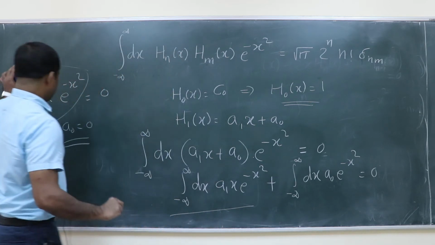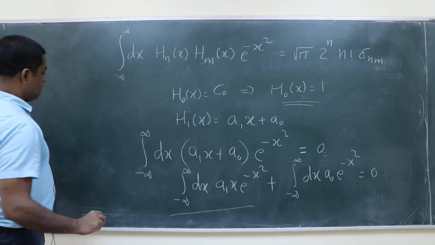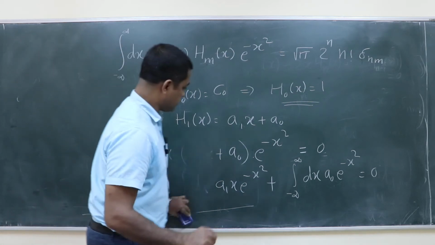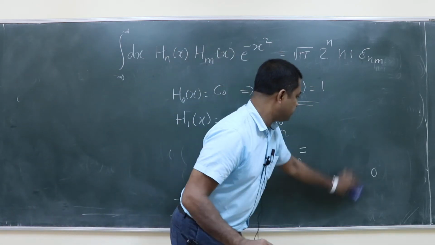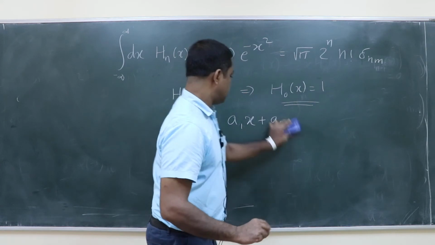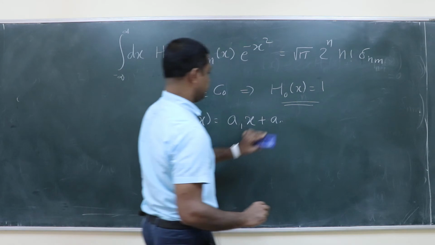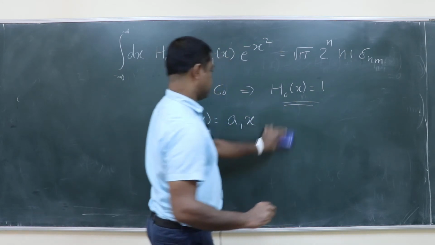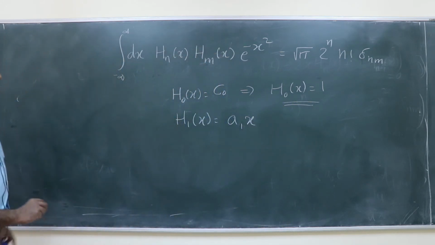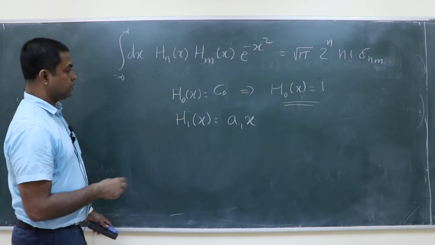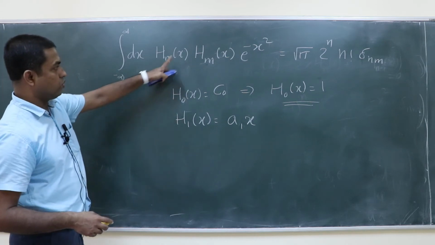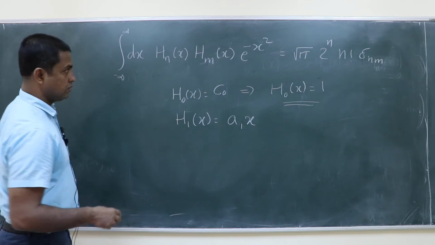So now my H1 of x is just a1x, because a0 is 0. Now you substitute n equal to 1, m equal to 1 in this expression.